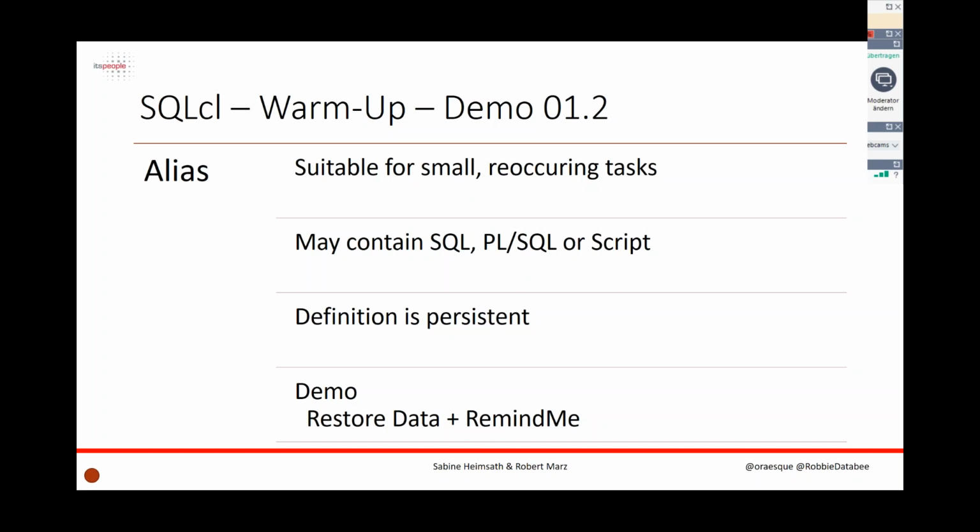If you have a Unix file system, it will be an XML file in your home directory in the .sqlcl directory that is created by SQLcl. Or if you're on Windows, you will find it under AppData Roaming SQLcl in your user directory. So you define an alias only once and can use it in every SQL session ever after.